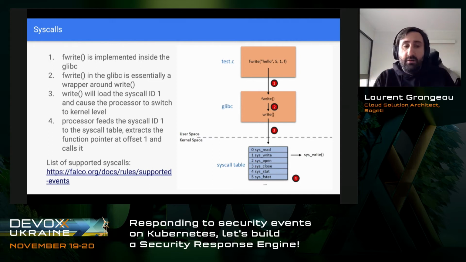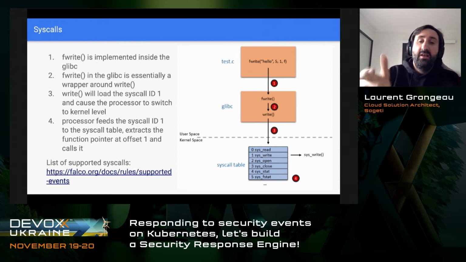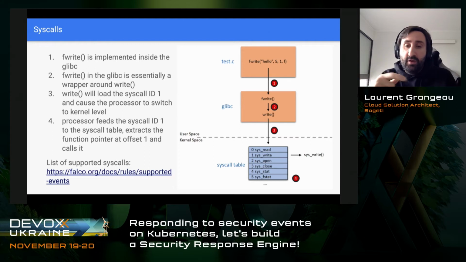And write is the function that will load the syscall ID 1 and cause the processor to switch to kernel level. So basically, when you are writing a program, you call fwrite, which will call the wrapper in glibc, and write will load the syscall ID 1 and switch to kernel space. And inside the kernel space, the processor feeds the syscall ID 1 to the syscall table, extracts the function pointer at offset 1 and calls it.